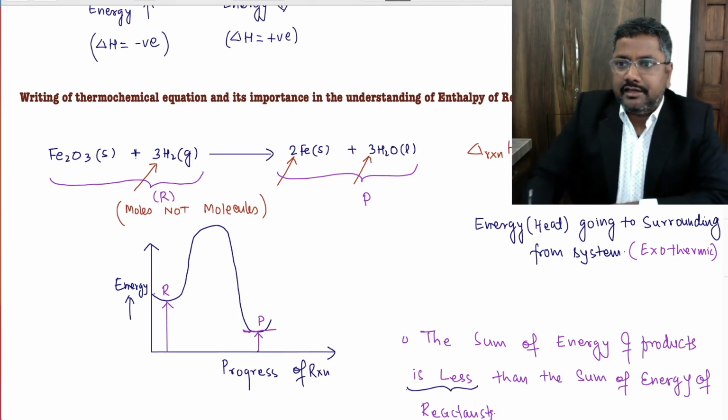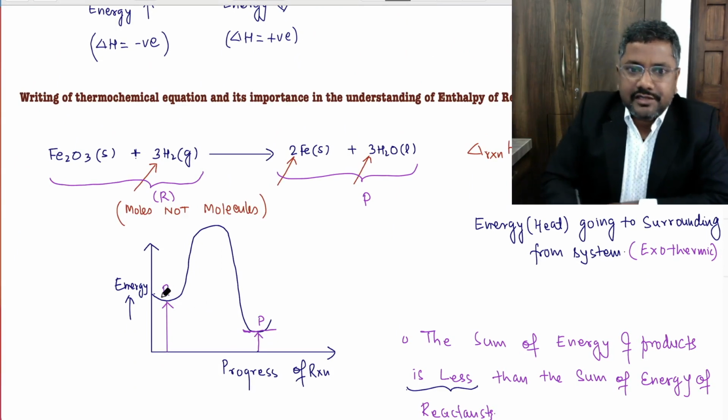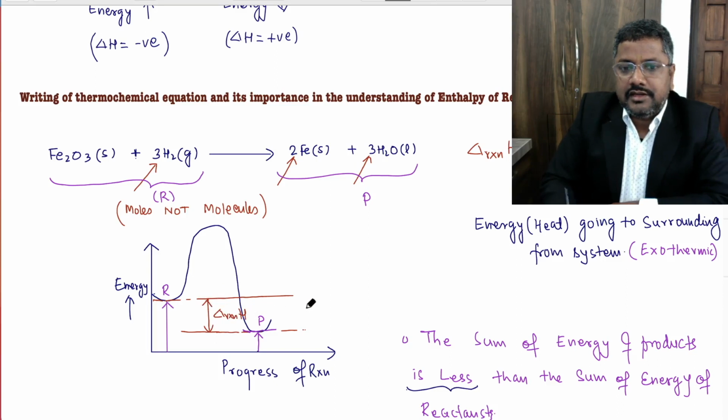Here in the graph you can represent that this difference is basically delta H of reaction, and this is equal to minus 33.3, you can put here, kilojoules per mole.